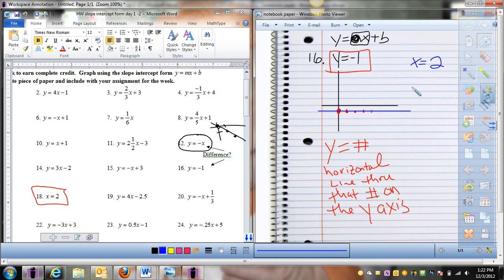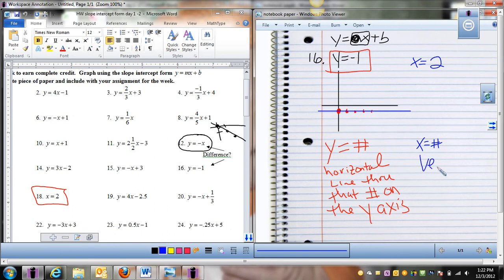So if it's x equals a number, then it's a vertical line through that number on the x-axis.